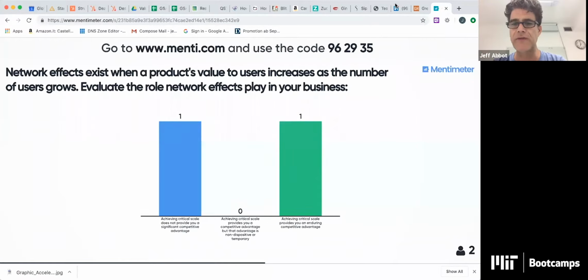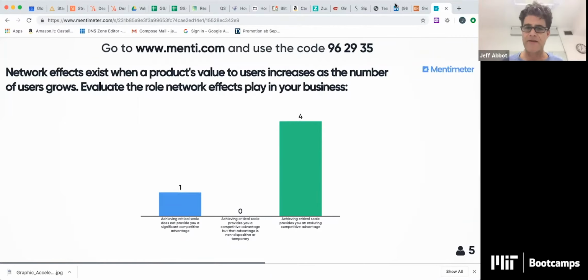So our three choices here are, even if you get to critical scale, you don't believe that provides you a significant competitive advantage. You don't believe that network effects may be achieved even at critical scale. This is something to do with the fundamental nature of your business.